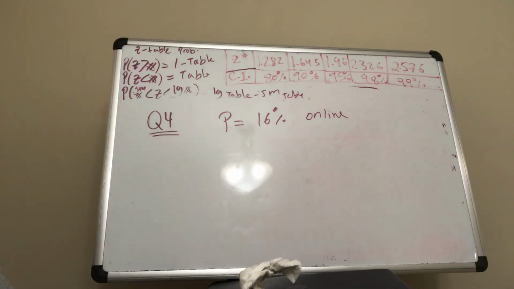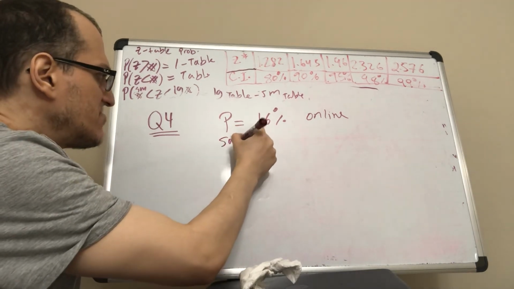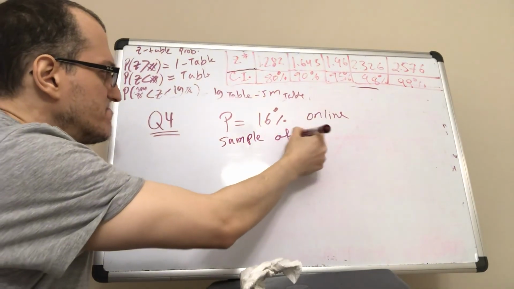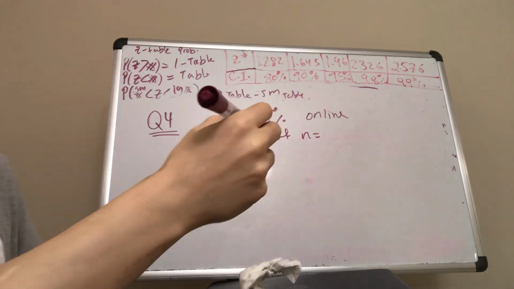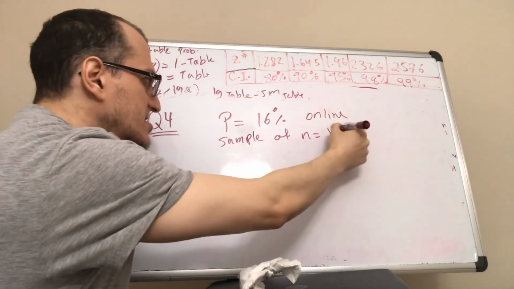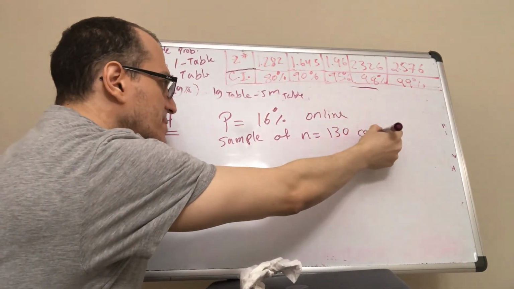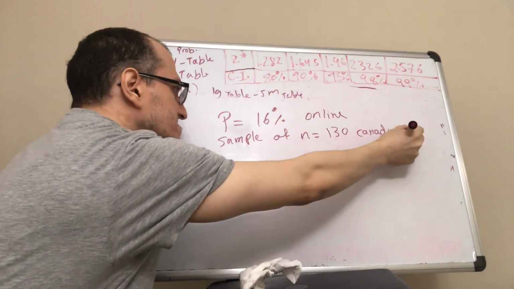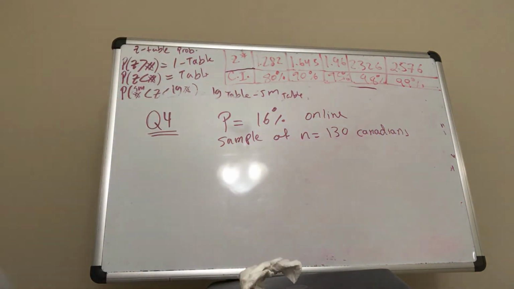We plan to study a sample, so we took a sample of 130 Canadians and asked them how they watch TV. For the purpose of this study, you may assume the sample normal model and the assumptions are all satisfied.